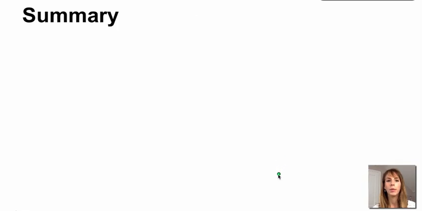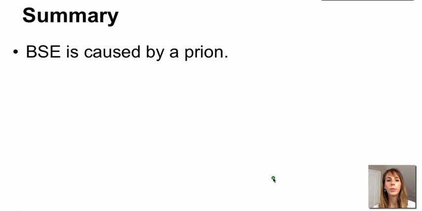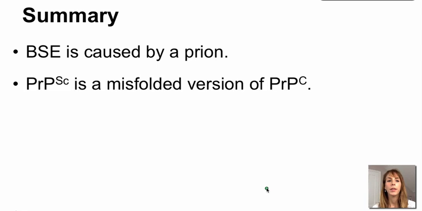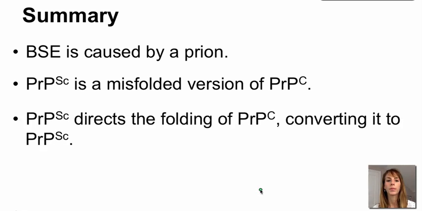Okay, to summarize what we've learned, we know that BSE is an infectious disease, but it's caused by a prion. And in this case, the prion is called PrP-Sc, and it's just a misfolded form of a normal cellular protein.